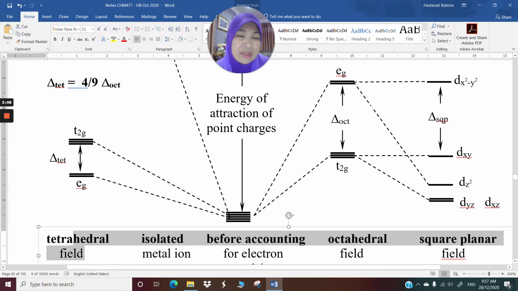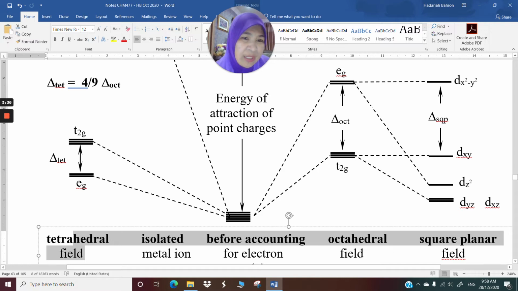And the square planar geometry is achieved when you remove the 2 ligands on the z-axis of an octahedral. So originally the octahedral splitting looks like this, but all the orbitals having z terms become stabilized because the ligands are removed from the z-axis.